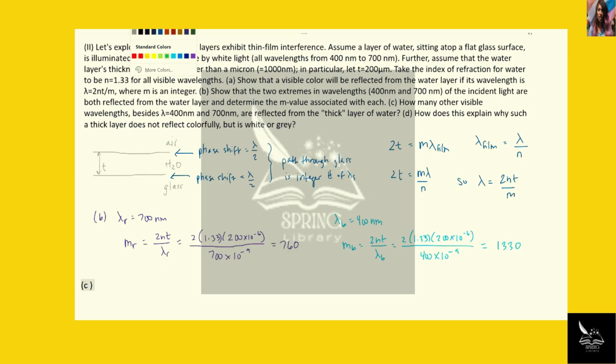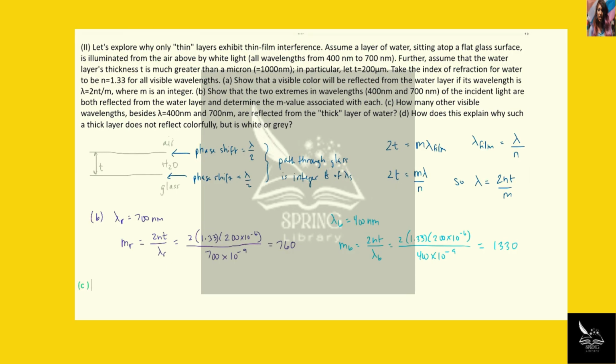Every single other value of m between 760 and 1330 will correspond to a wavelength that gets reflected.